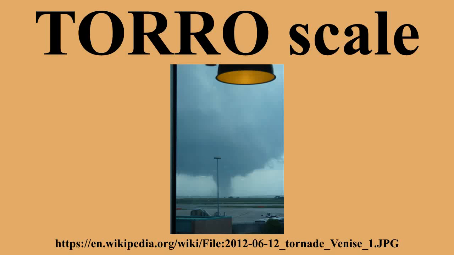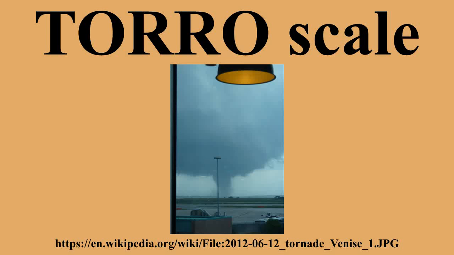That is because such a proxy for intensity is usually all that is available, although users of both scales would prefer direct, objective, quantitative measurements. The scale is primarily used in the United Kingdom, whereas the Fujita scale is the primary scale used in North America, continental Europe, and the rest of the world.